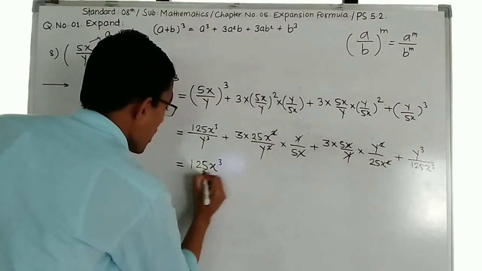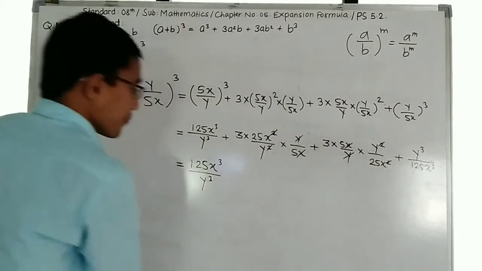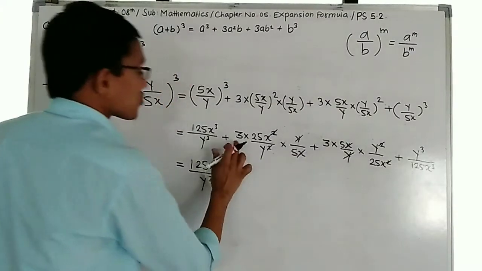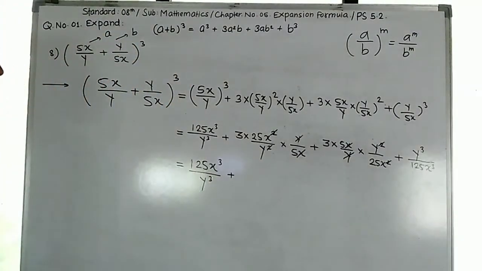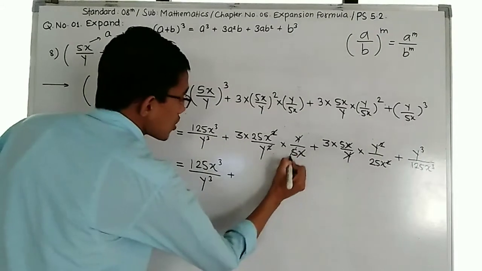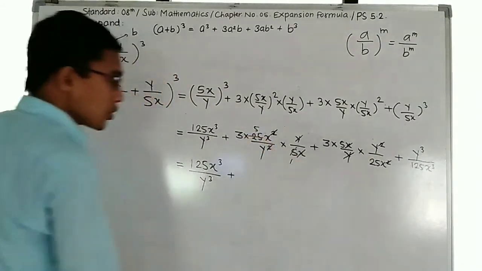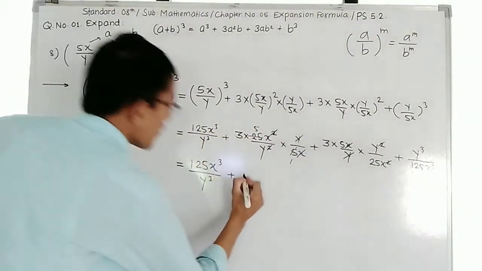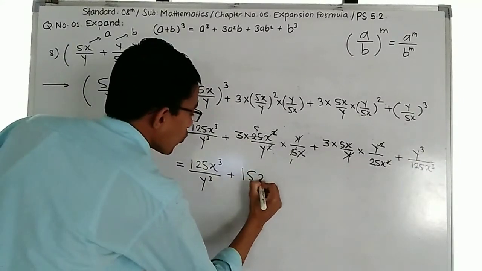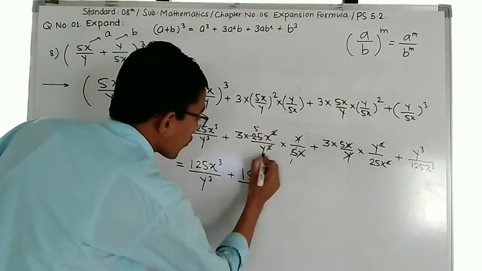125x cube upon y cube plus, now 3 into 25, what is 3 into 25? Before going to that, let us do this. 5 1s are 5 and 5 5s are 25, so 3 5s are 15, so 15 1x which is left upon 1y which is left.